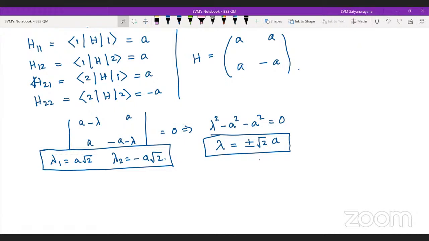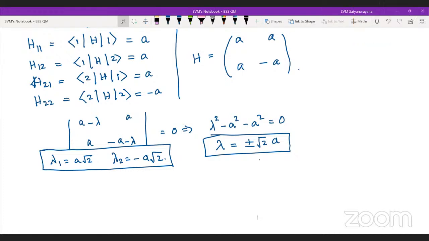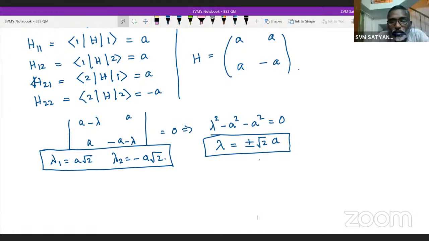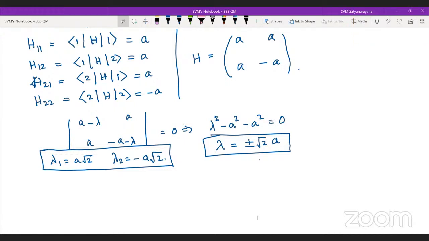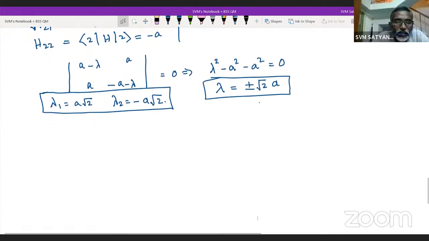So here we get plus minus root 2. You can do it by inspection. Abhijit, do you have something to ask? No, sir, that was clear. Okay, so eigenvectors we can also find by inspection.